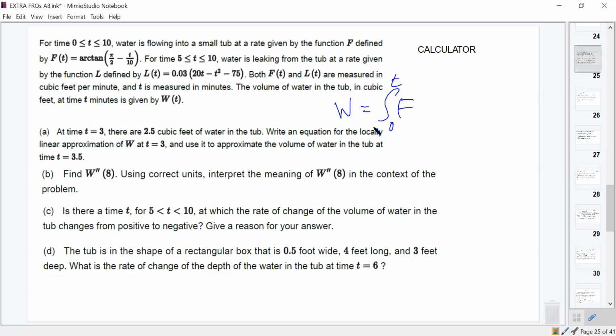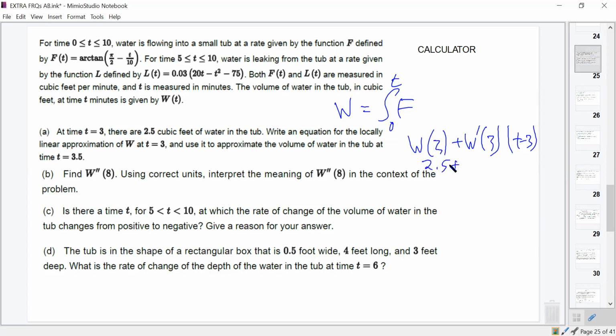So our linear approximation should end up being W of 3 plus W prime of 3. This is your linearization formula times your t minus 3 value. And W of 3, I believe they gave us, right? That's 2.5.